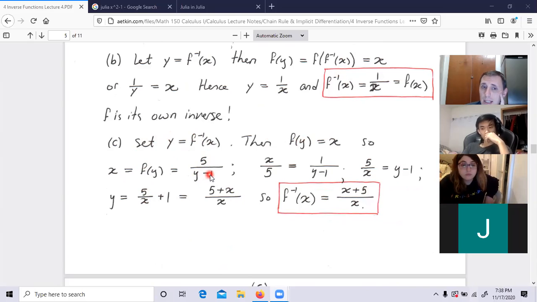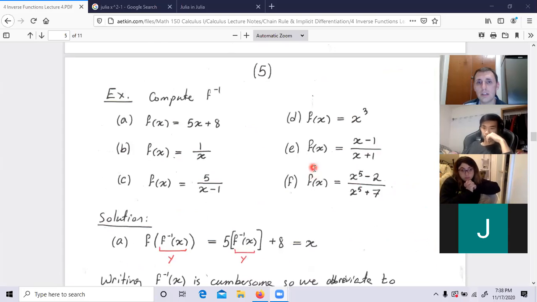First do x over 5 equals 1 over y minus 1. Then I take reciprocals: 5 over x equals y minus 1, and y equals 5 over x plus 1, or 5 plus x over x, whichever you like to write. Both are correct. Clear?